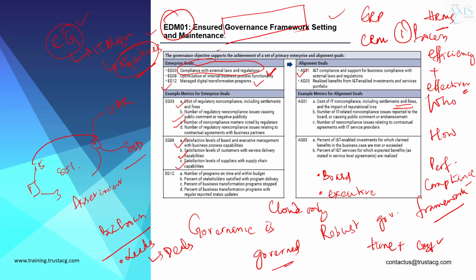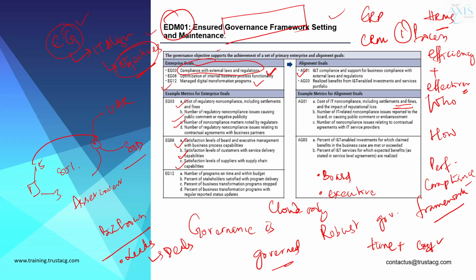So, the objective behind this particular alignment goal is to ensure that IT governance always plays a proactive role in maintaining the regulatory assurance and the trust of your stakeholders, right?